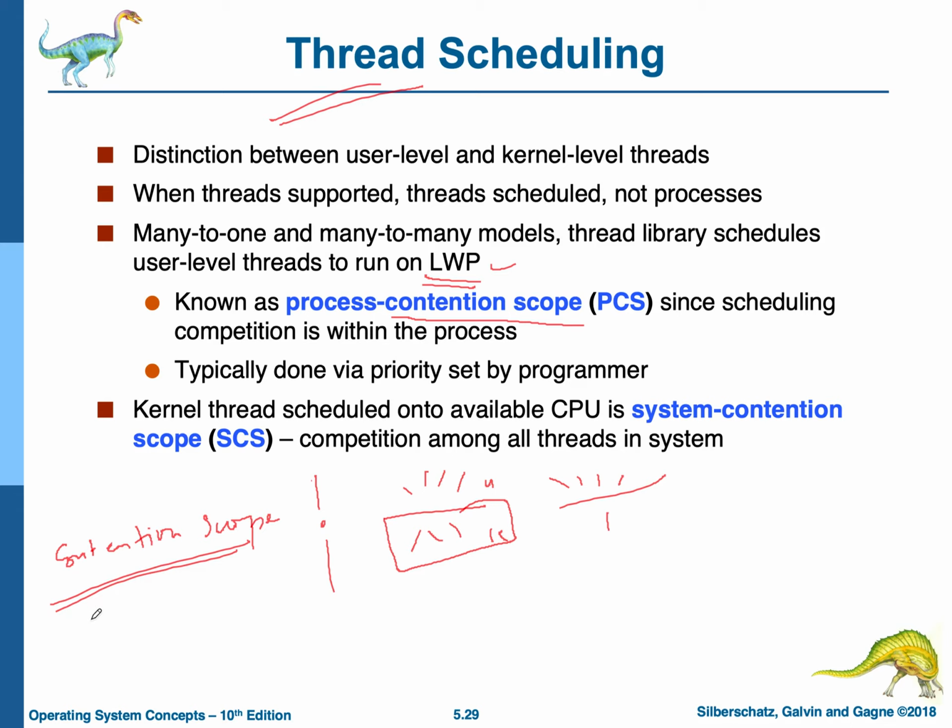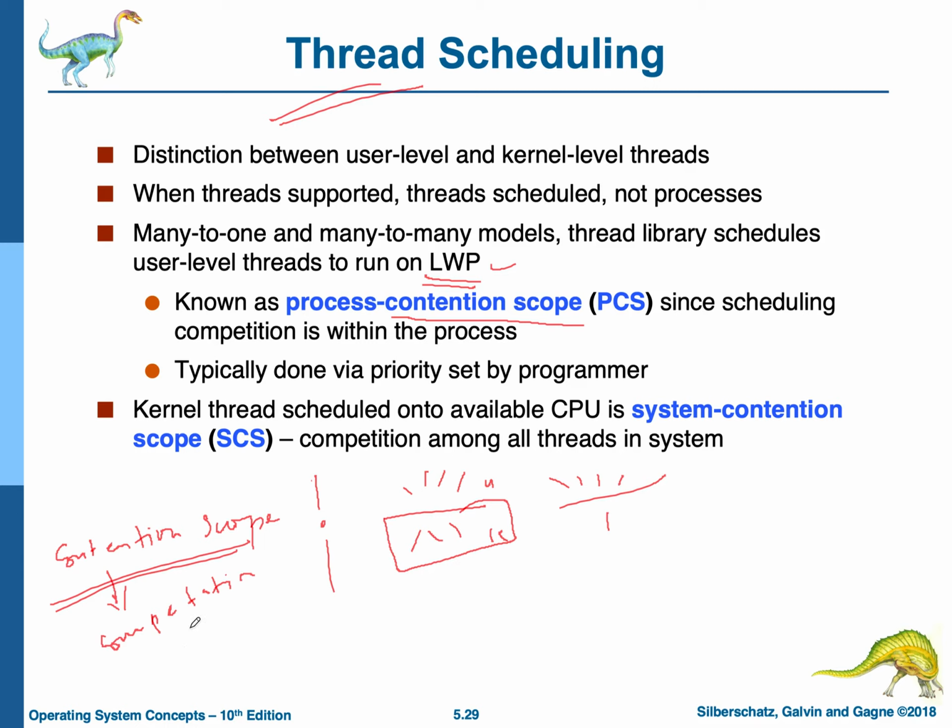Every process, every application we run has several threads nowadays, so the same approaches apply to threads. Contention basically means competition, so contention scope is the competition scope of the processes.